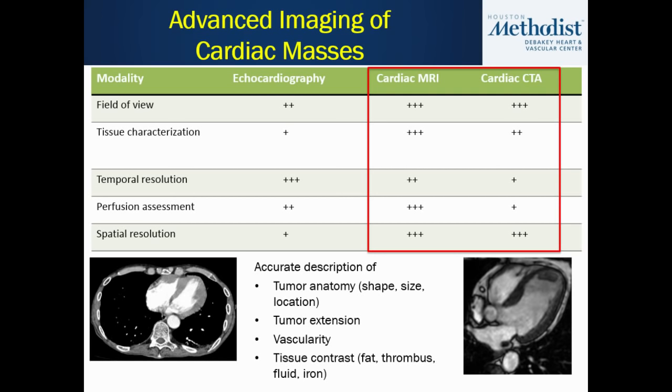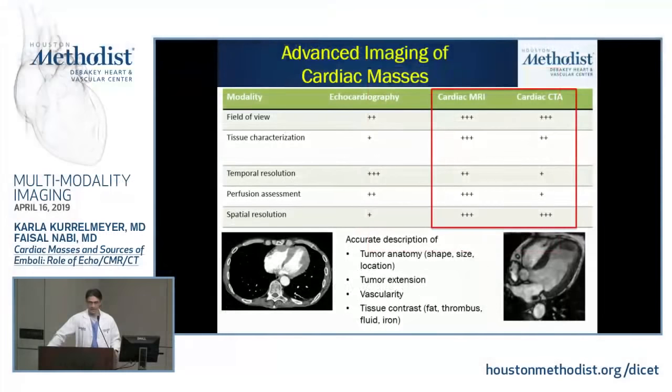it comes to spatial anatomy because of its high spatial resolution. But cardiac MRI is not that bad. We are able to see masses in great detail, and it actually has other advantages that can be of great importance to you. This includes its ability to see the functional imaging of the mass, to do tissue characterization of the mass with some of the techniques I'll be discussing, and to do perfusion assessment.